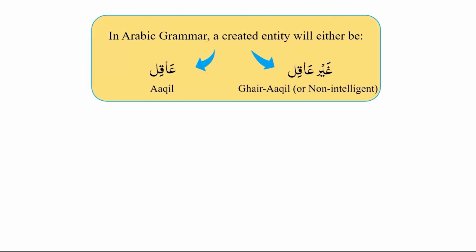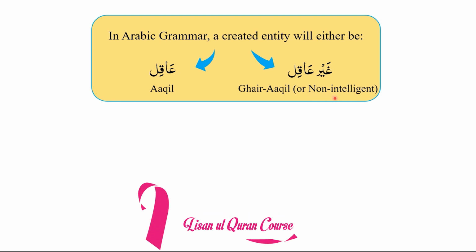We looked at the example of pen and student, and we said that both are creations of Allah subhanahu wa ta'ala. But in Arabic grammar, a created entity will either be classified as Akil or Ghair Akil. Akil will be an intelligent entity, Ghair Akil will be a non-intelligent entity. The definition of Akil includes only 3 types of creation.